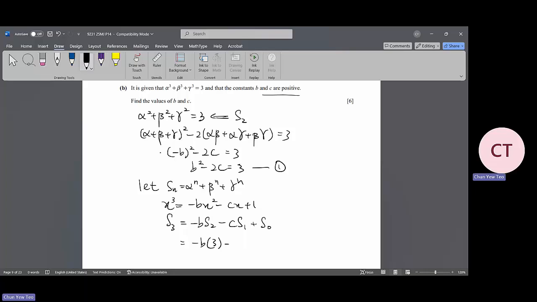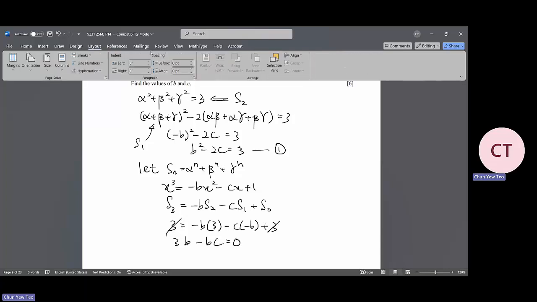This is S1. S1 is negative b. This one is 3. Okay. Then just simplify it. The 3 and 3 cancel. So you will get 3b minus bc is equal to 0. Factorize the b out.